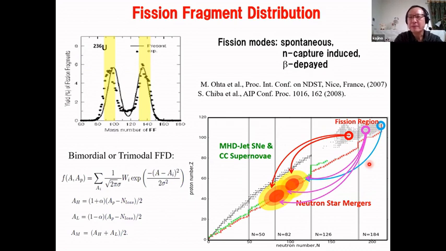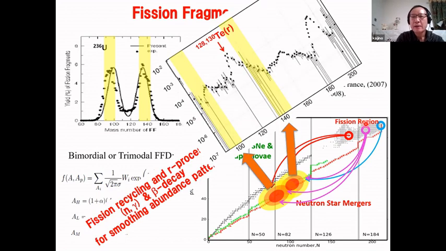So we should estimate what the fission fragment distributions are in very neutron-rich superheavy nuclear regions. This would affect the second peak. So it should be known exactly from nuclear theory and experiment, hopefully in the near future.